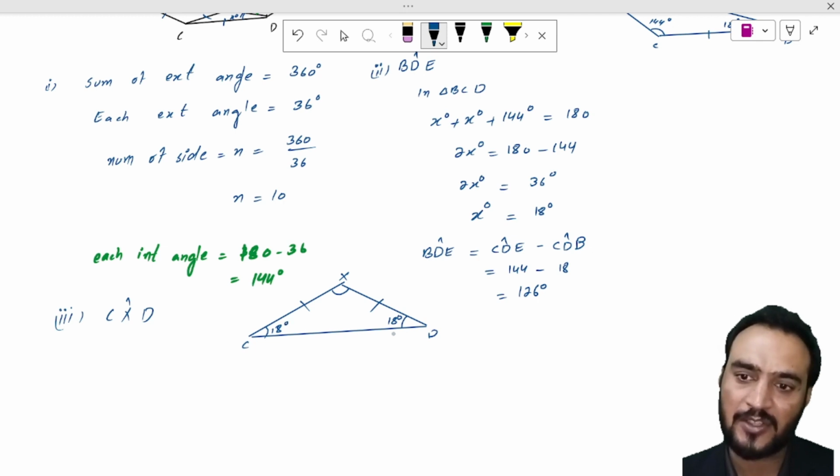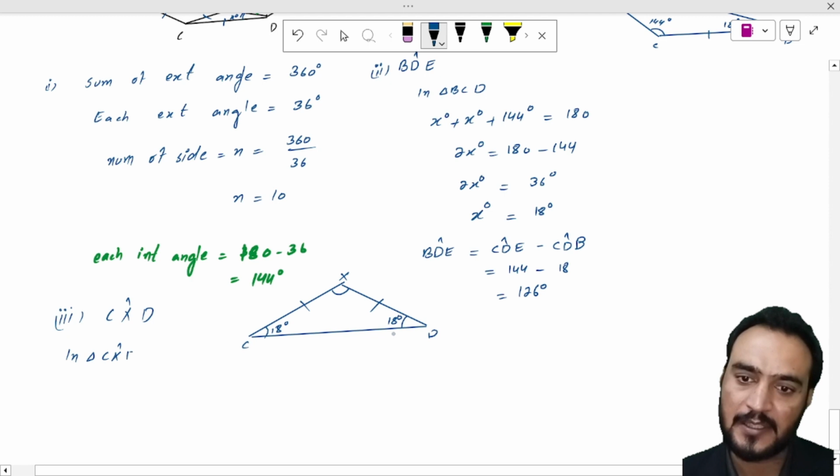So we consider the triangle CXD to get the angle CXD. In triangle CXD, we know the two angles, one is 18 degrees, the other is also 18 degrees, and the third one is angle CXD.